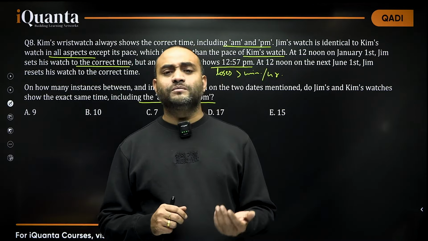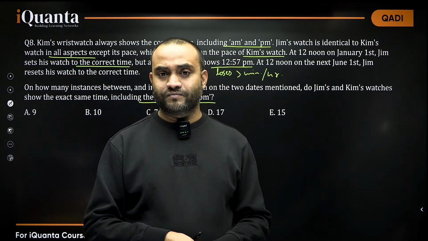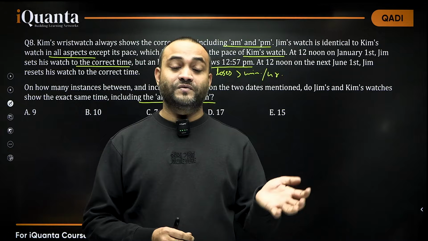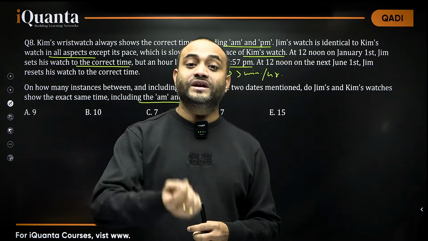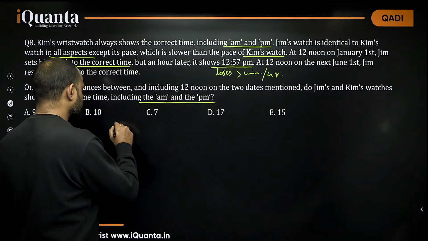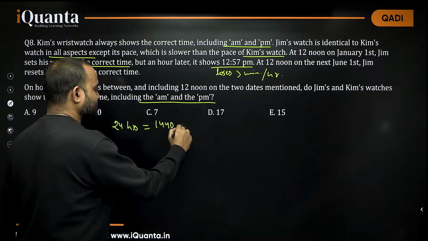So what can we say about that? When it will show exact same time, the date won't be same, but the time will be same in case of AM or PM when it's exactly 24 hours behind, correct? So 24 hours is equal to 1440 minutes.